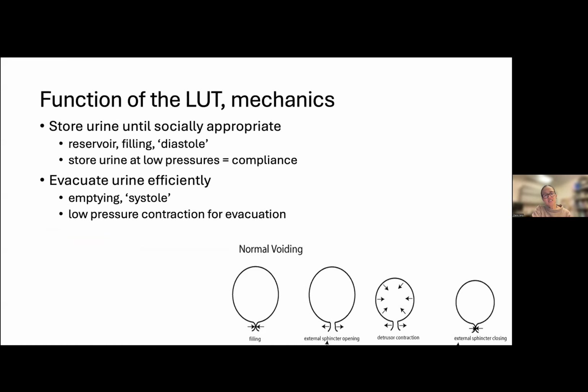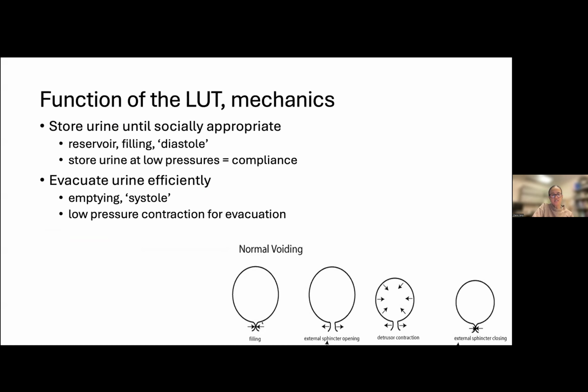The other phase of the cycle is evacuation. The function of the bladder is to evacuate urine efficiently, and this is the systole phase if you're comparing it to heart function. Healthy function is also low pressure contraction of the bladder for evacuating urine. At the bottom of the slide is a cartoon of the filling phase.